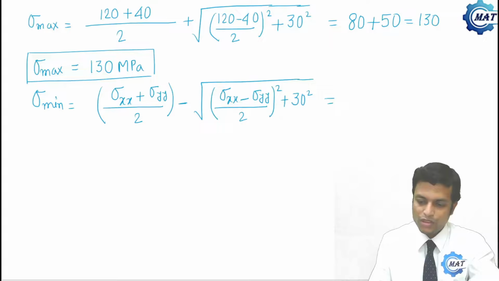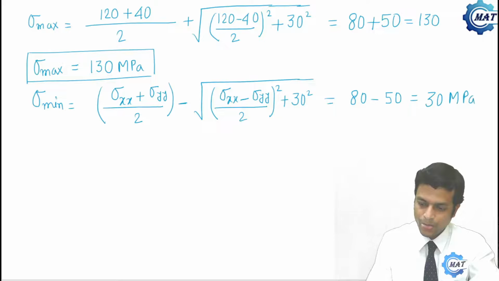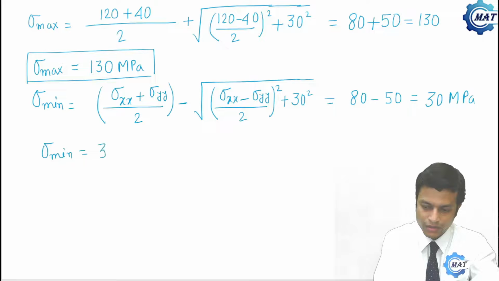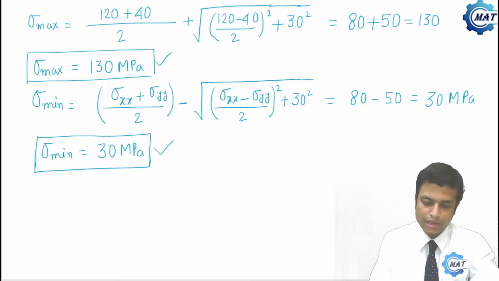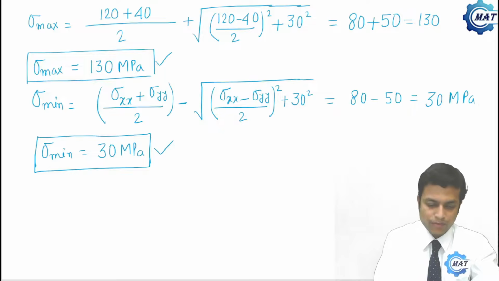So if we put the values, this becomes 80 minus 50, that is 30 MPa. So sigma min becomes 30 MPa. So we have determined the values of principal stresses. Max is 130 MPa, min is only 30 MPa.